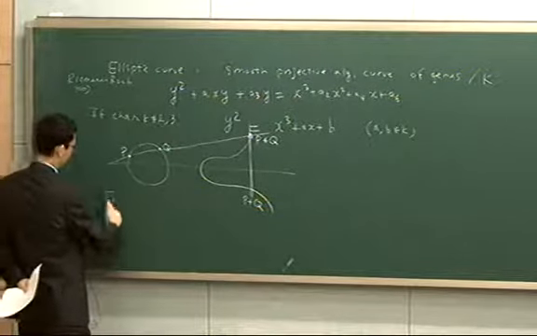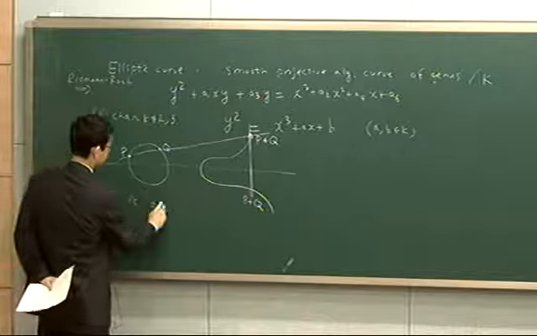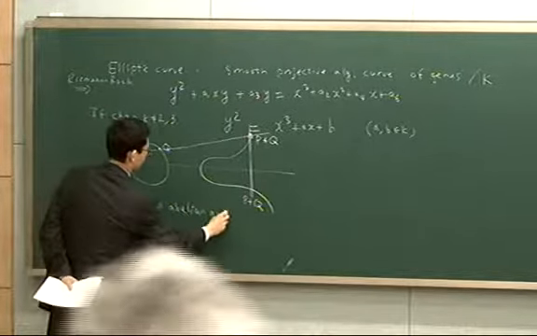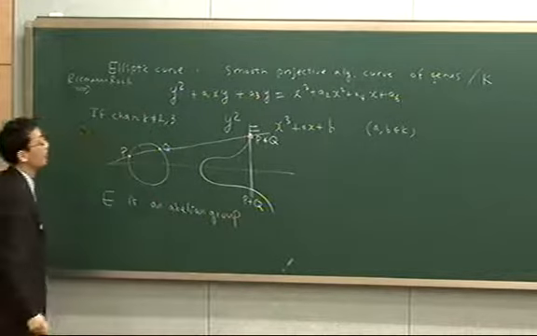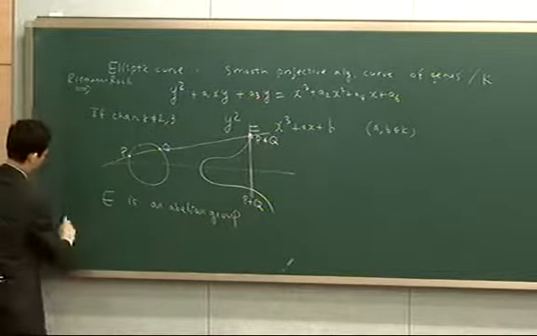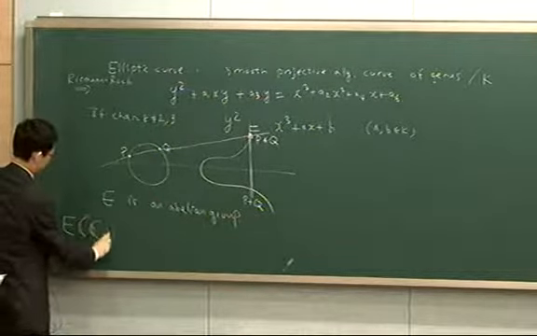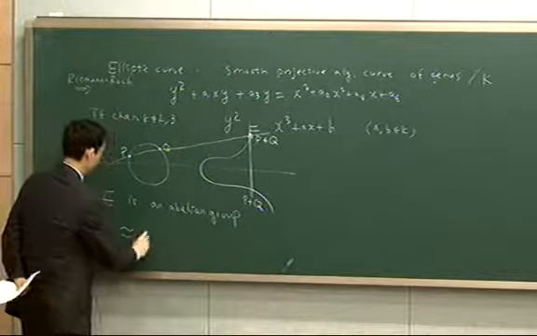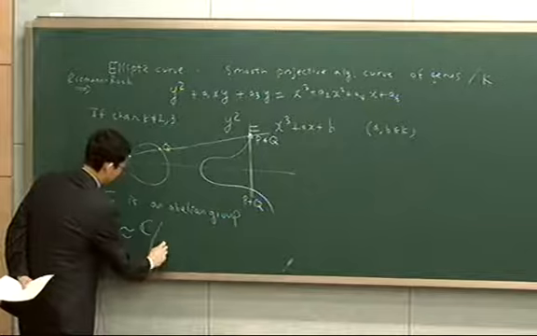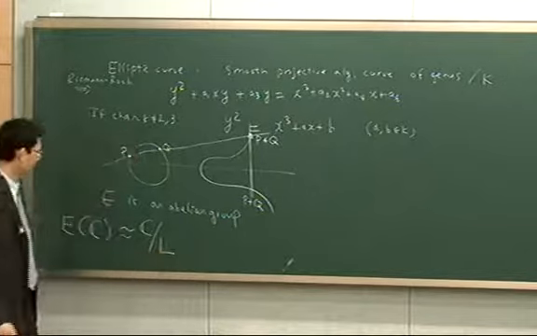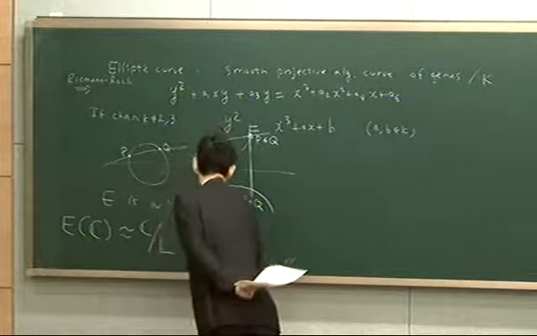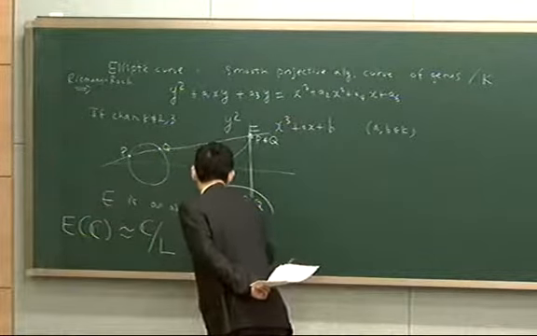So E has an abelian group. And over the complex numbers C, the structure is isomorphic to a torus C/L, where L is a certain lattice. So it has a torus structure.